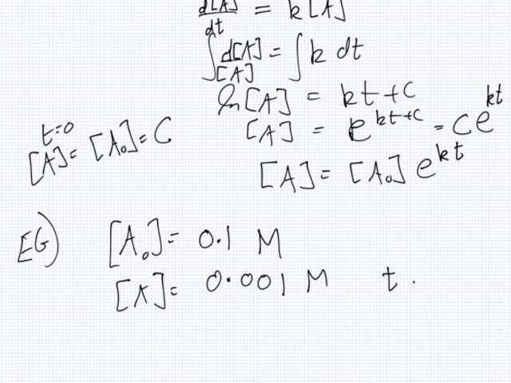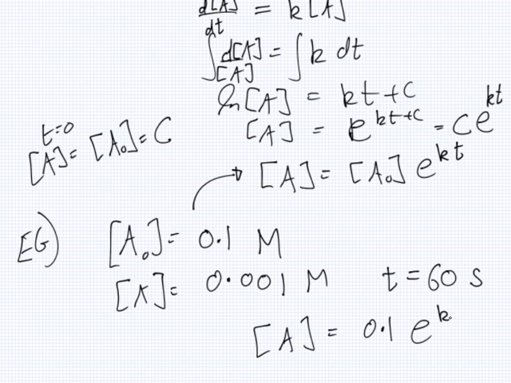And we'll say after 1 minute, the t is 60 seconds. So after 60 seconds, it's 100 times smaller, so there's not really anything left to happen. So what I want you to do is use that to get the k. So let me fill in the A0. It's 0.1 e^(kt). Okay, calculate the k, please.